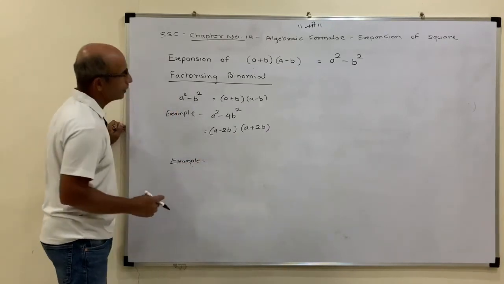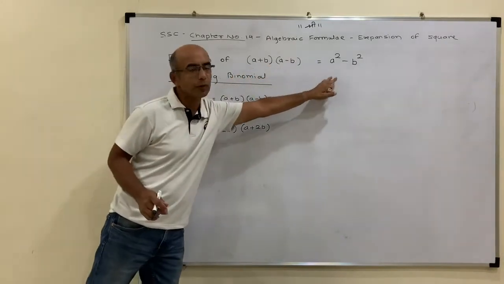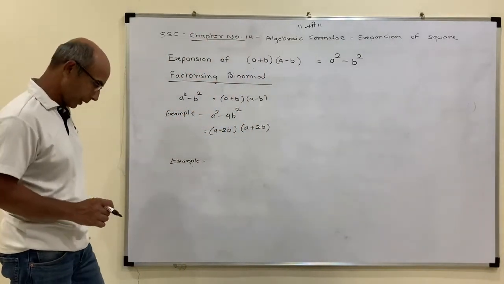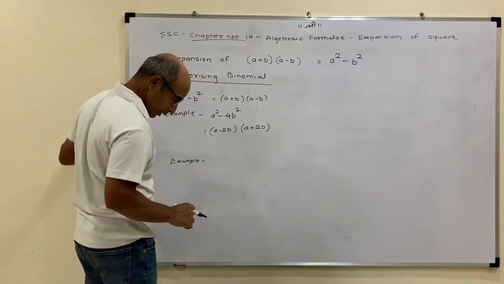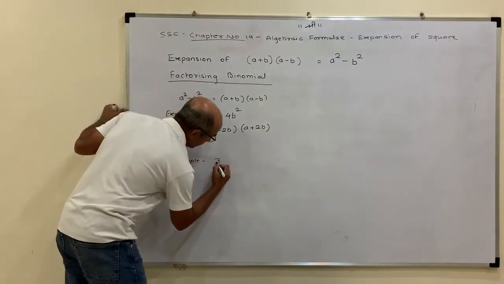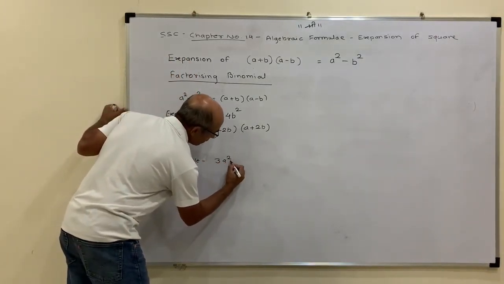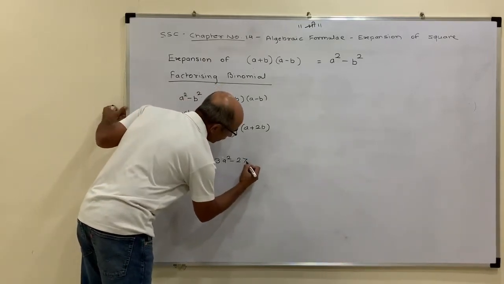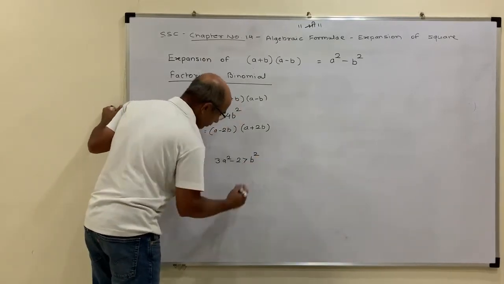This is pretty simple. We were moving from this one to this one; now we are moving from a square minus b square to finding (a plus b) into (a minus b). The second is 3a square minus 27b square.